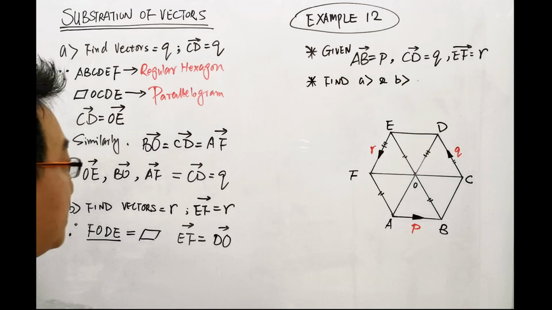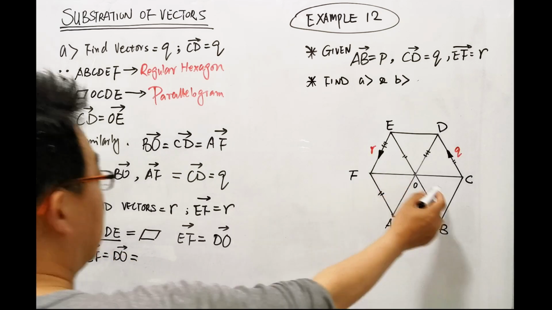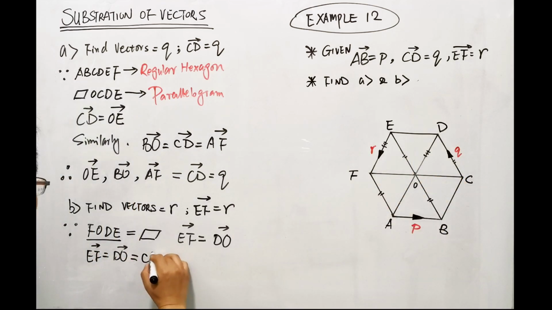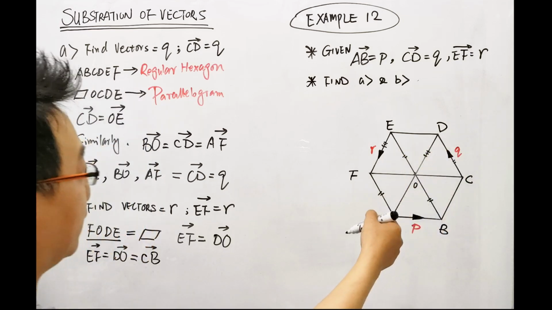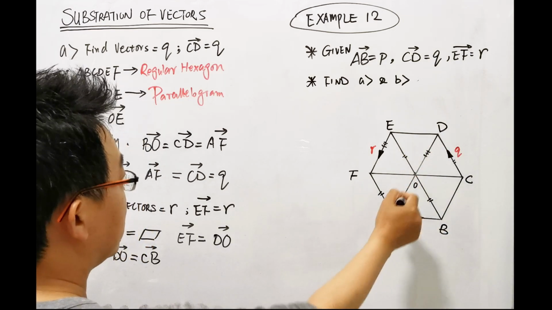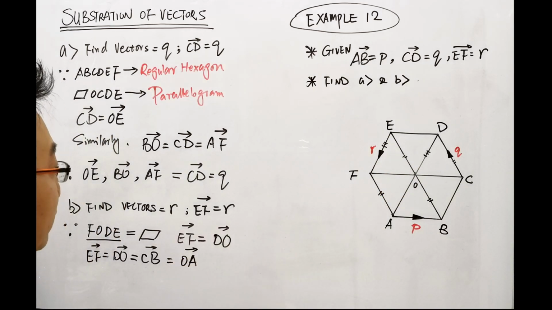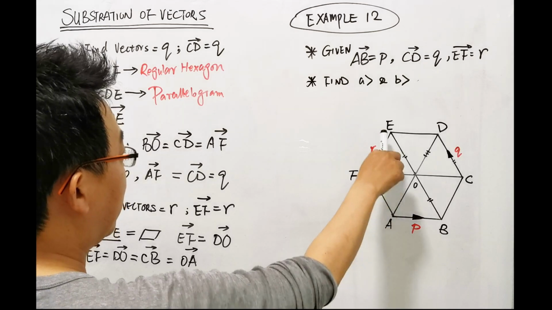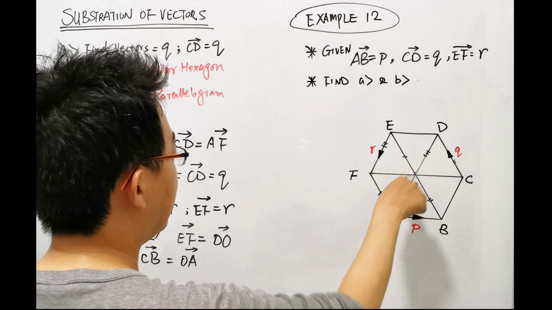Similarly, we can also find out, applying the same concept, that EF also equals DO and also equals CB, because they are parallel and have the same magnitudes. Now what else? How about OA? Same for OA. Hence EF, which is R, also equals DO, CB, and OA.